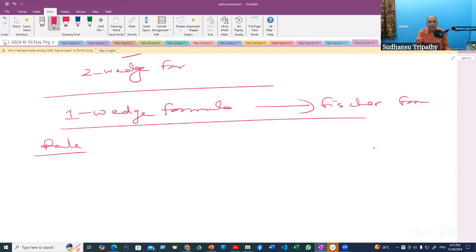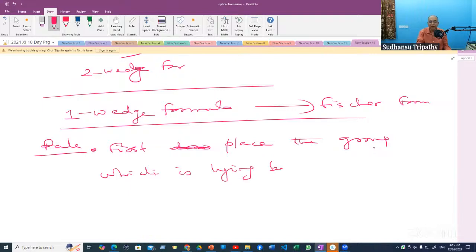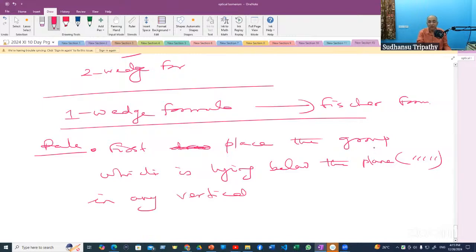The rule is, first draw, first place the group which is lying below the plane, which can be known by broken line, in any vertical position, up or down, any, because the vertical positions are really below the plane.